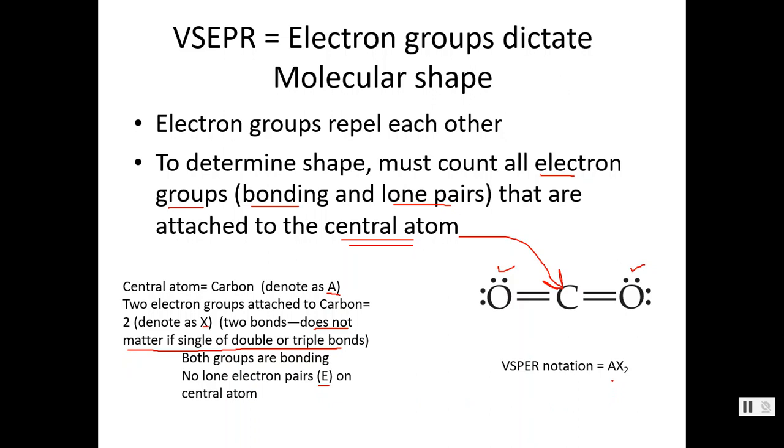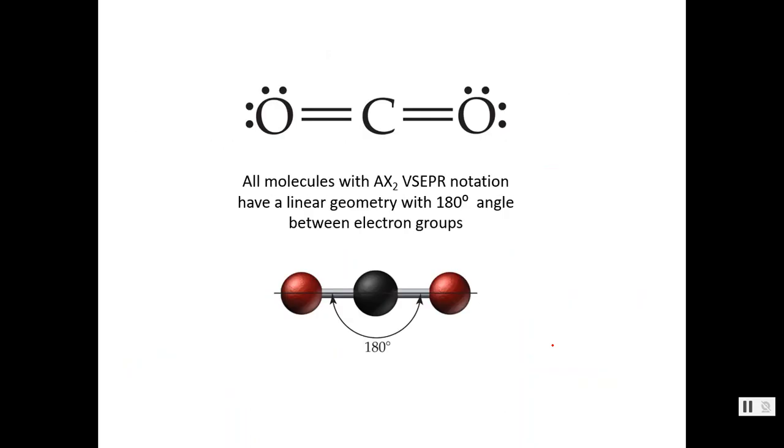Well, that's important to note because once you know the VSEPR notation from the Lewis dot structure, then you can look up on a chart that I will give you what its molecular geometry or shape is. And as you'll see shortly, all molecules that have an AX2 notation have a linear shape and a particular bond angle. So I can say any molecule with this notation has a linear shape.